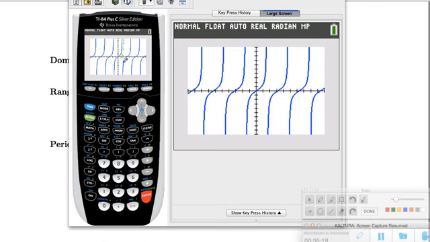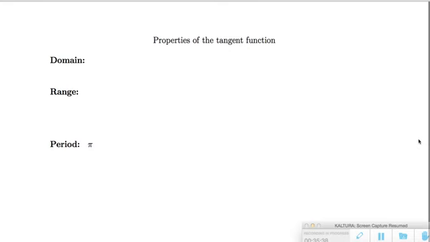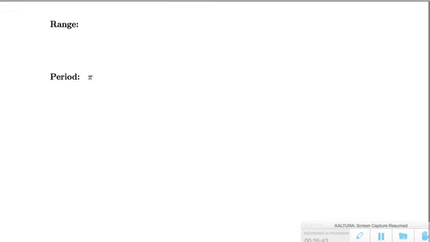Notice how in the calculator it's difficult to tell right where the vertical asymptotes are occurring, so your best bet is to get the exact values from the unit circle. Figure out where tangent is undefined. That's where the vertical asymptotes are occurring. Now you can use this basic knowledge to graph variations of the tangent function.